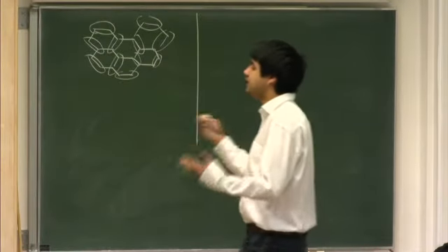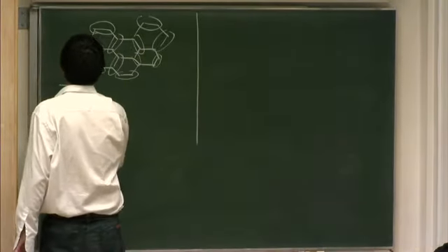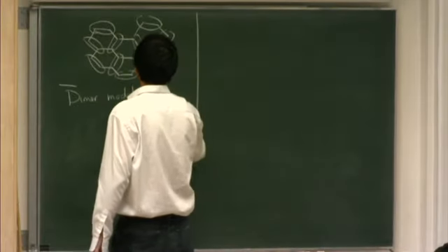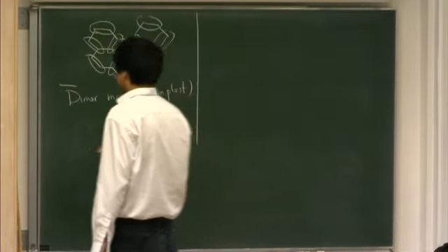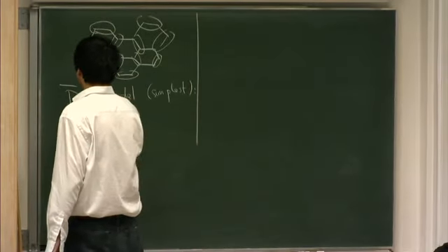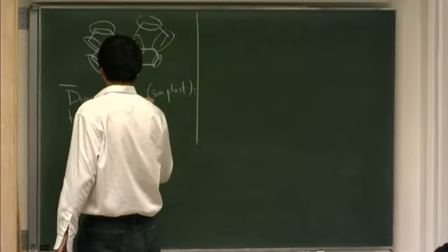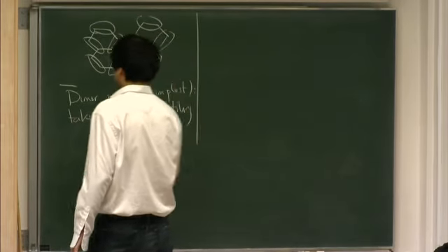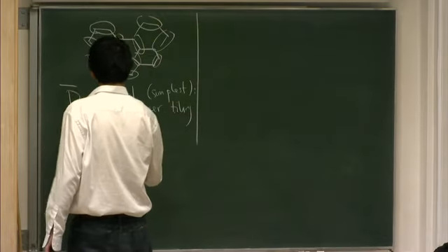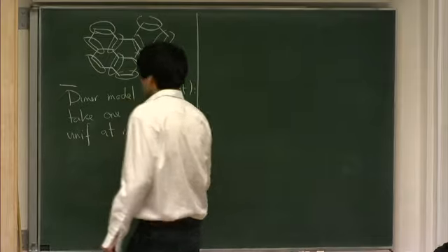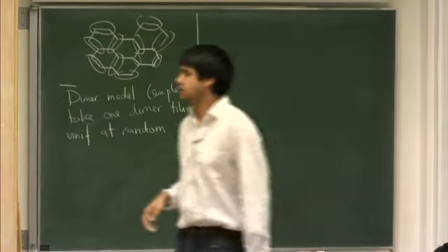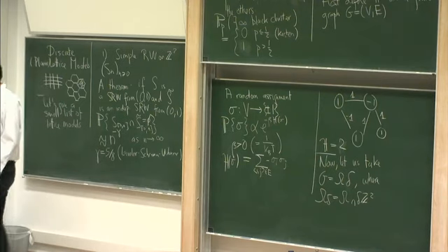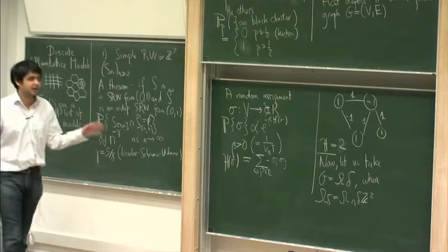So what is the dimer model? Well, in the simplest variant of it, just take one dimer tiling uniformly at random. So now the question is, how does a large random dimer tiling look?